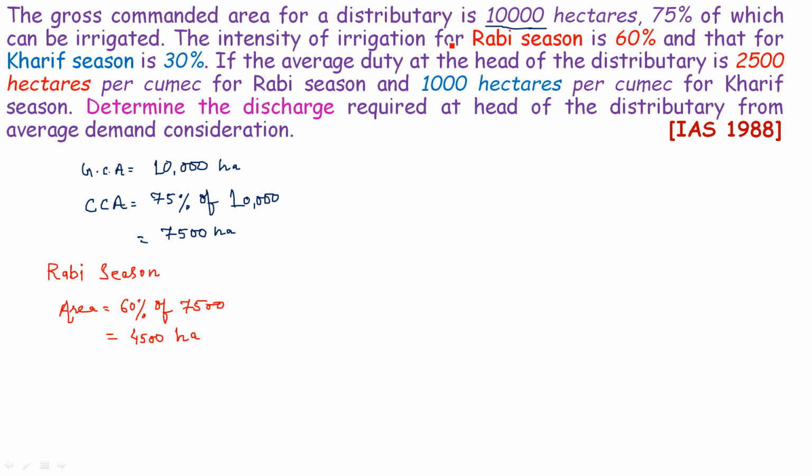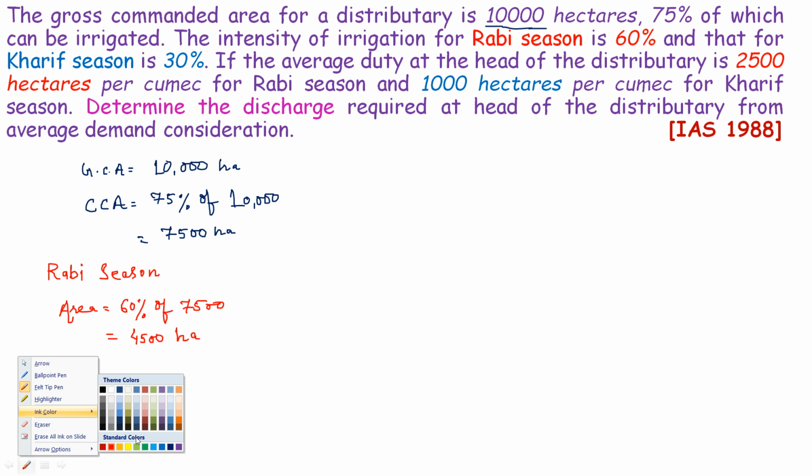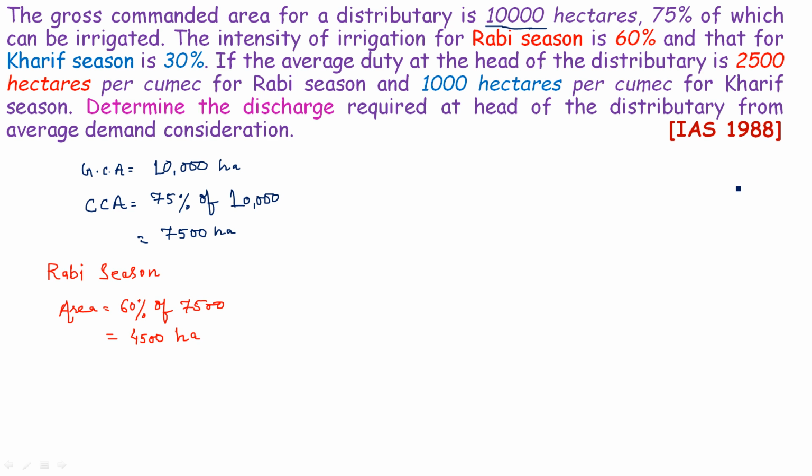And that for Kharif season is 30%. Similarly, if we find it for the Kharif season, the area will be 30% of CCA, that is 7,500 hectares.